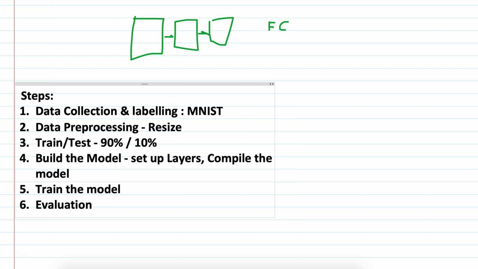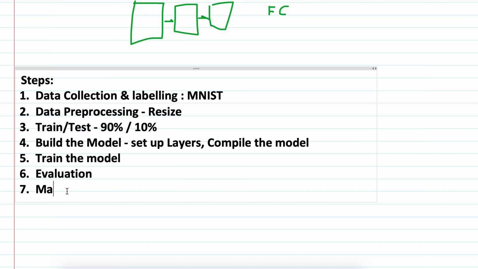Was it good, not good? And finally, once we are satisfied with our training, that yes, the error function has converged and the model is correctly predicting for almost all the cases, then we can make predictions on new data.